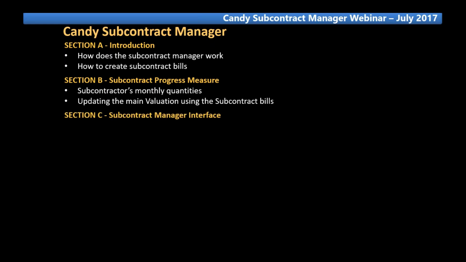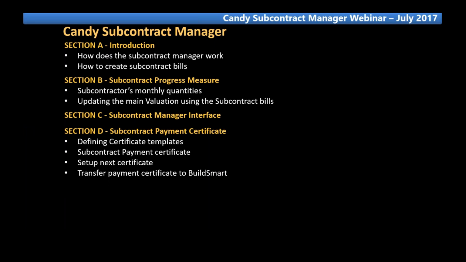Section C is the Subcontract Manager interface. Section D is the Subcontract Payment Certificate. We will look into defining certificate templates, Subcontract Payment Certificate, set up next certificate, and to transfer payment certificate to Bossmart.